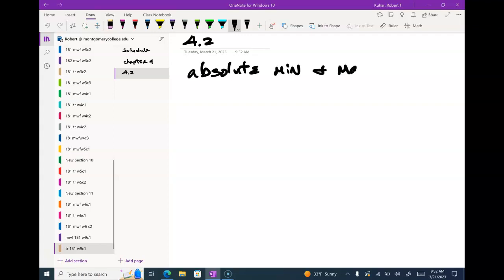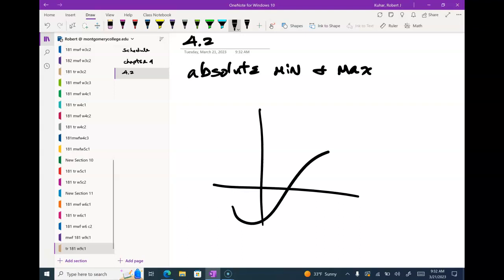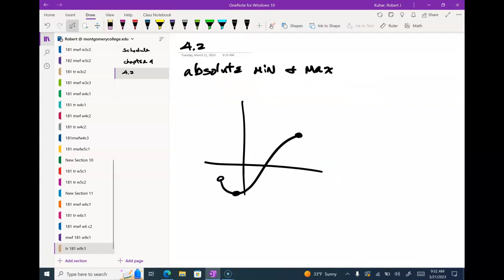And what I'm simply talking about is, can I find a low point on the curve? Can I find the high point on the curve? That's it. That's what I mean. The highest point on the curve, the lowest point on the curve. Very simple. So this would be my max, and this would be my min.